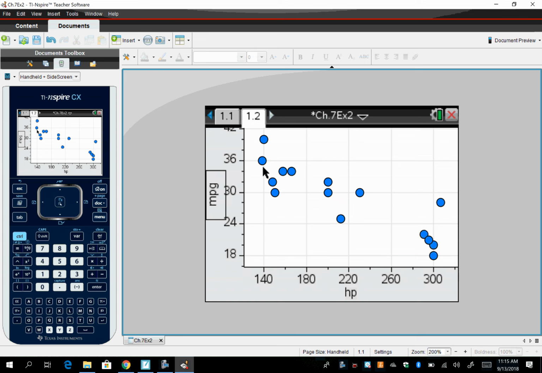So here's what I would write down. And you've got room to the right of that slide to write this down. Are you ready? There is a negative, linear, moderate association between horsepower and miles per gallon. Those are all commas in there, I should have said.